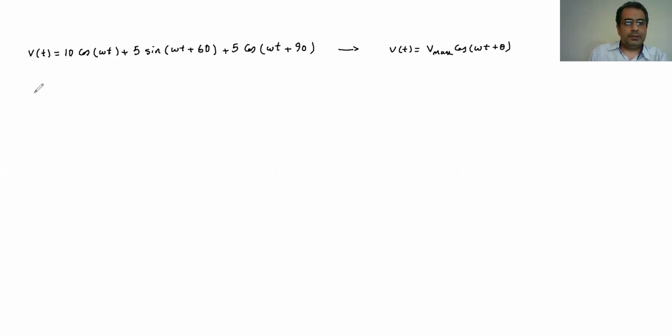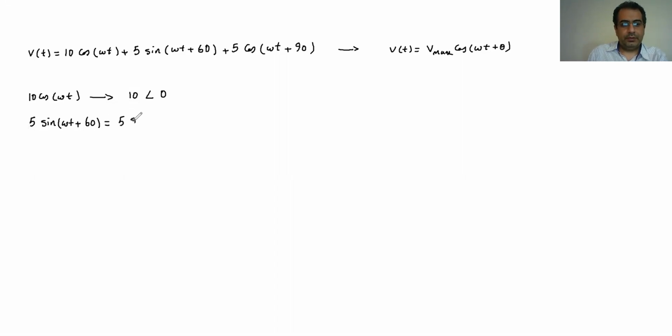So I have 10 cosine omega t, and I convert it to the phasor, which is going to be 10 with angle of 0, because it's omega t plus 0 basically. Then I have 5 sine omega t plus 60. First I have to convert it to cosine.